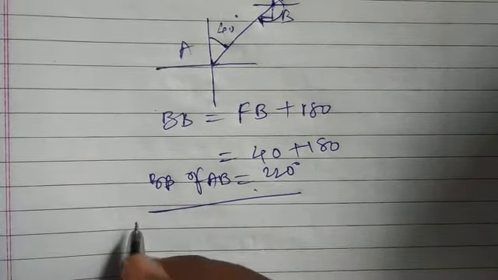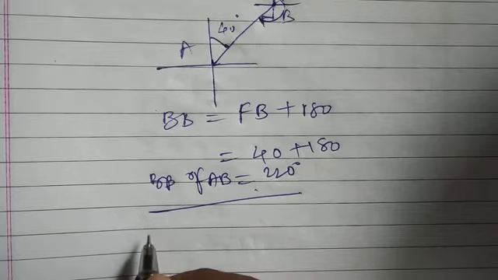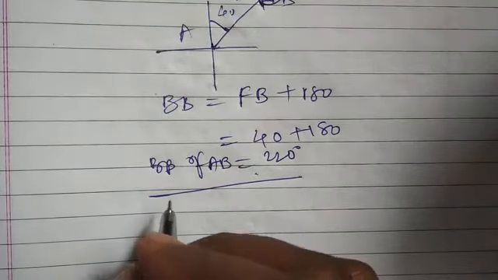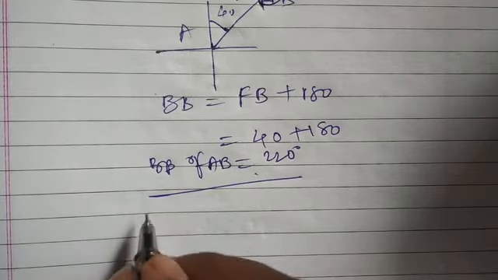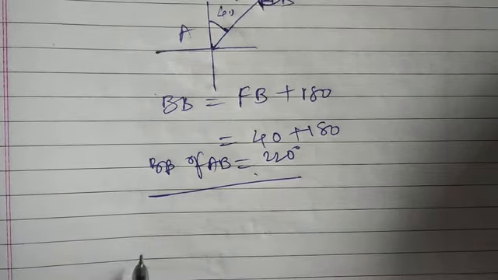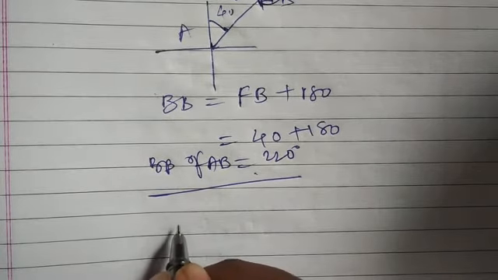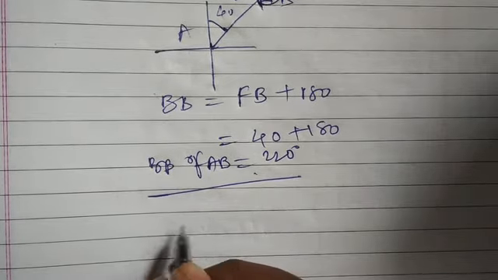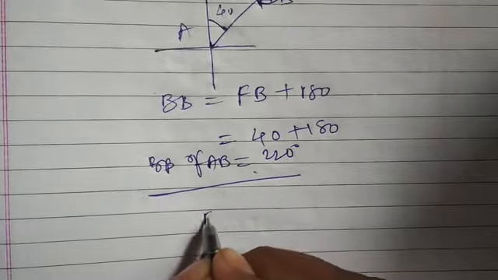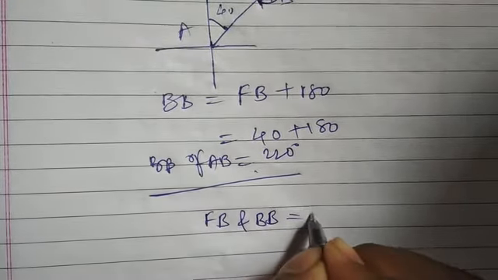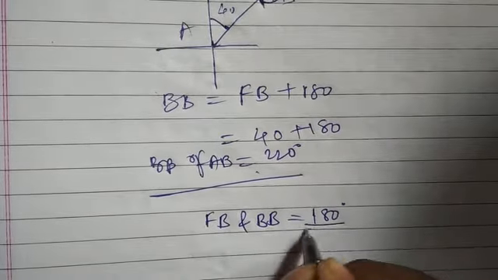It means that if the forebearing of a line is given, then we can calculate the back bearing. If the back bearing of a line is given, then we can calculate the forebearing. And we also come to know that the difference between forebearing and back bearing must be 180 degree in any condition.